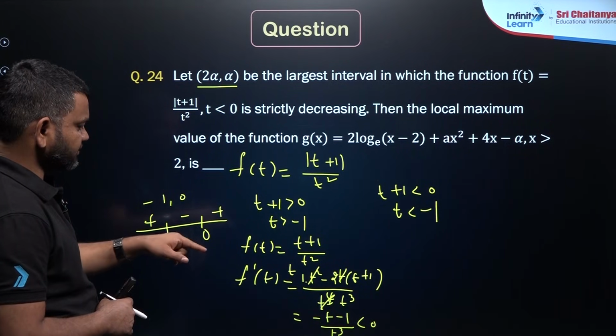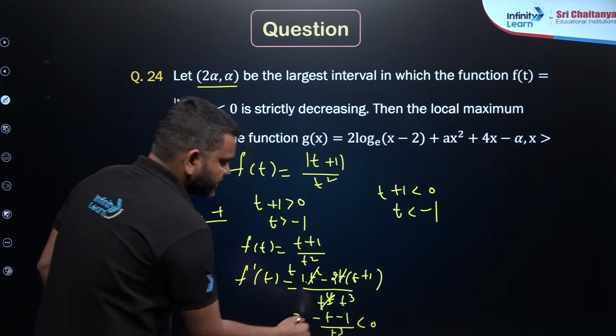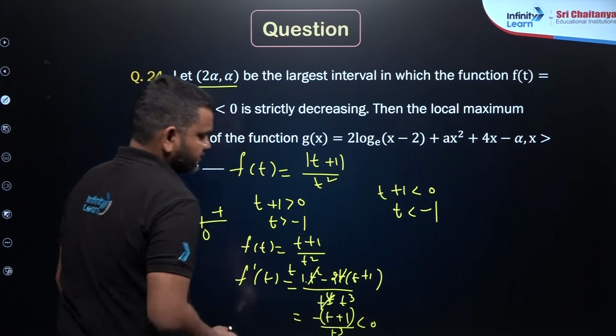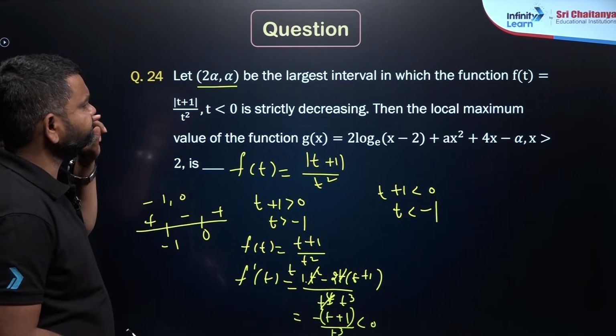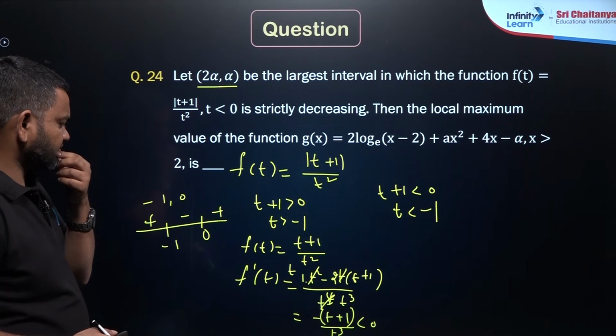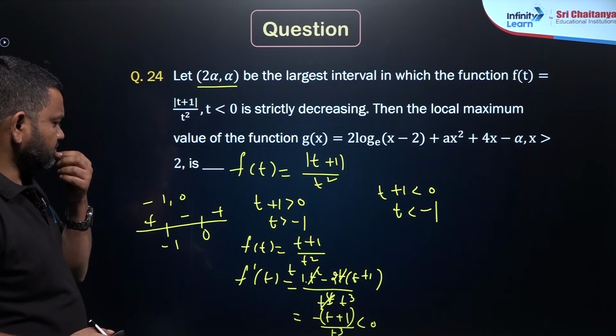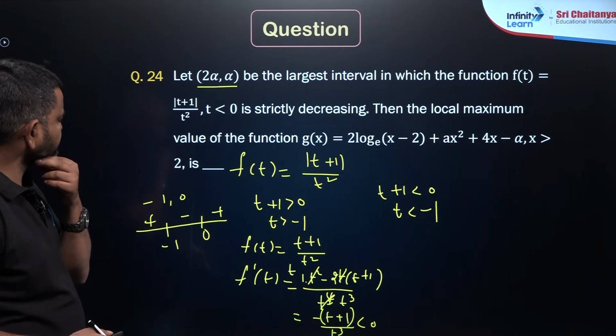One of the values is 0 in this, one of the values is minus 1. So one thing is minus 1 plus 1. If I am writing, this is decreasing here. So if it is decreasing, t is greater than minus 1.